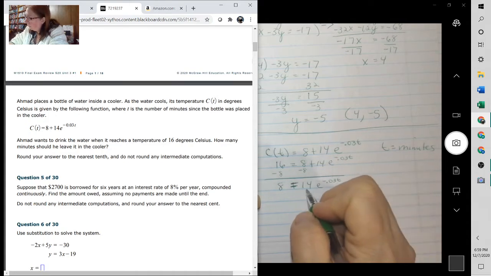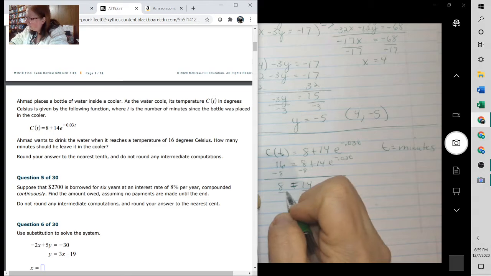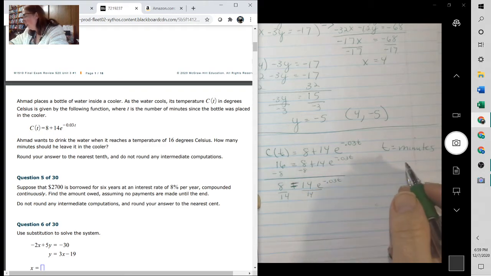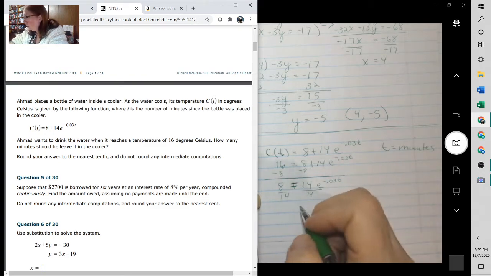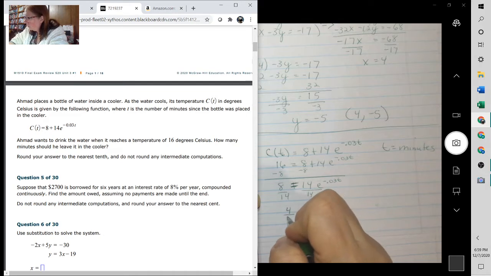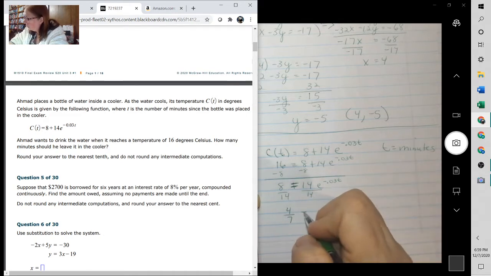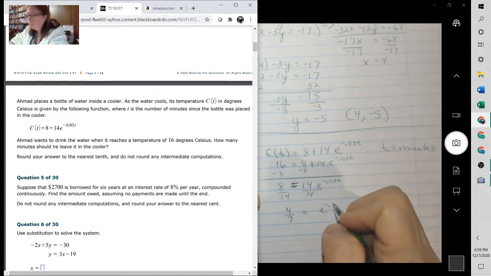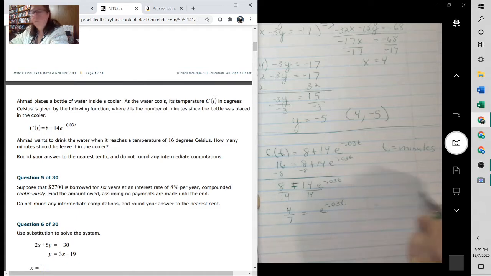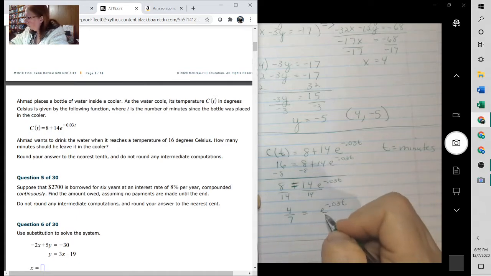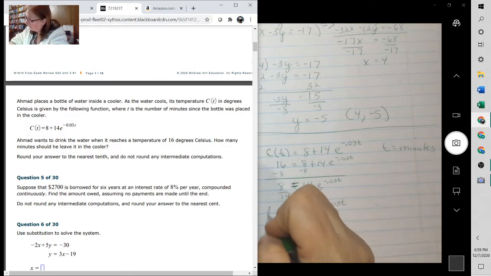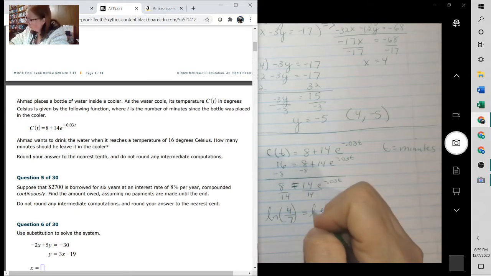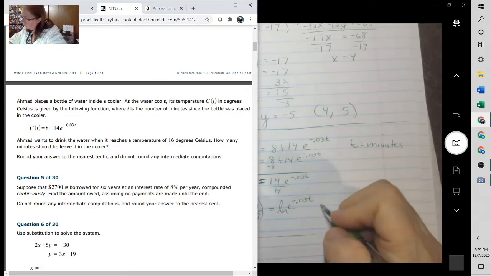You need to get e by itself, so divide by the 14. That will reduce by 2. To get rid of e, you take the natural log, because they're inverses.